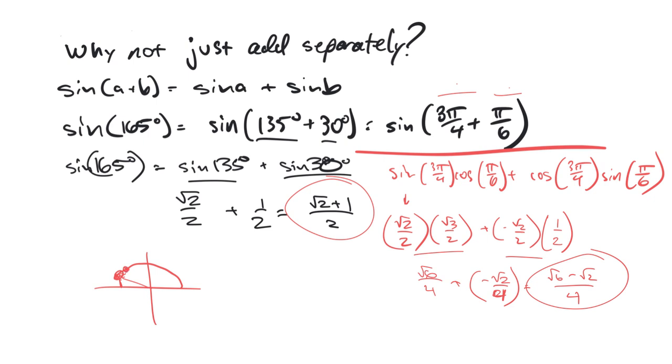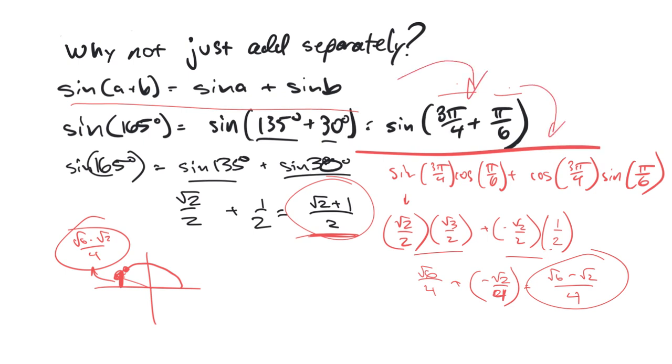So if I just add these things together, that's going to be bigger than radical 2 over 2. Because I have radical 2 over 2, and I'm adding a little bit to it. What we want is actually the height of this part here if I'm making a right triangle, which is going to be radical 6 minus radical 2 over 4. Okay, that's why we don't just add them separately. We have to use the identity.